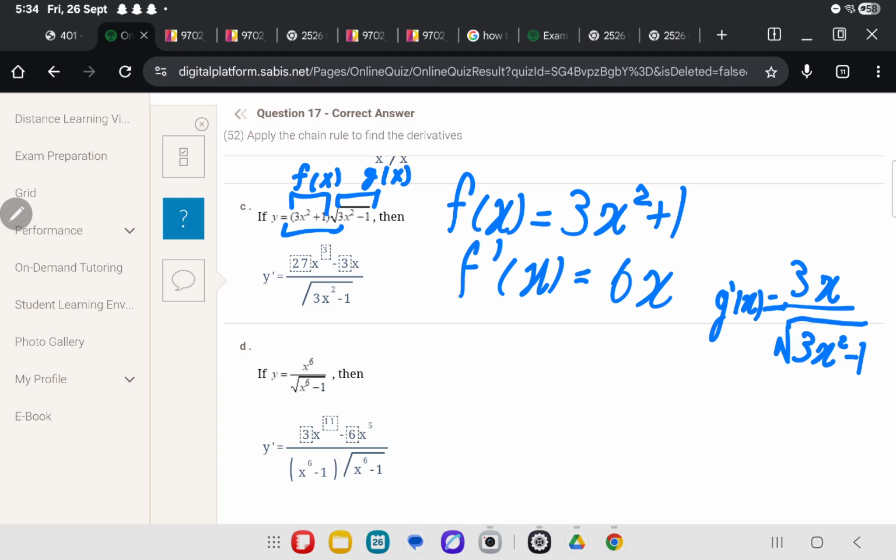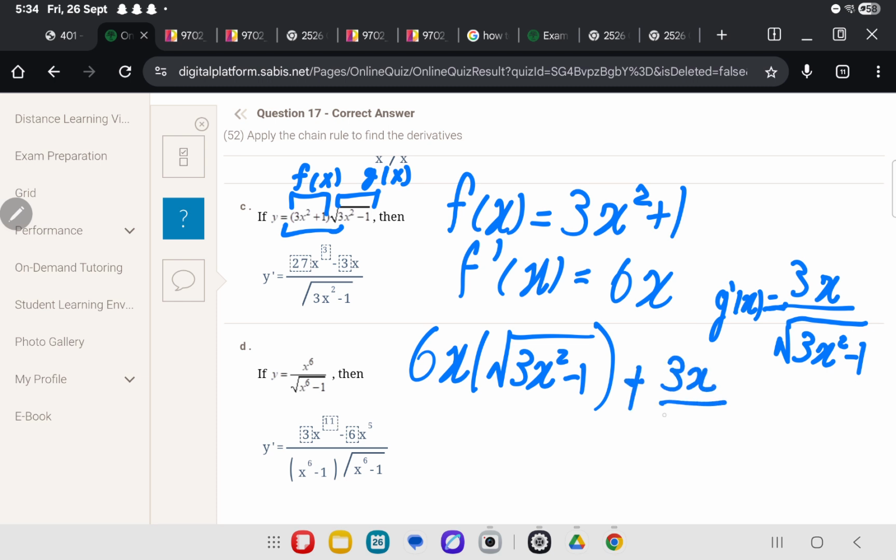Now I can apply my product rule. So f prime of x is 6x into g of x, which is radical 3x squared minus 1, plus g prime of x, which is 3x over radical 3x squared minus 1, multiplied by f of x, which is 3x squared plus 1.